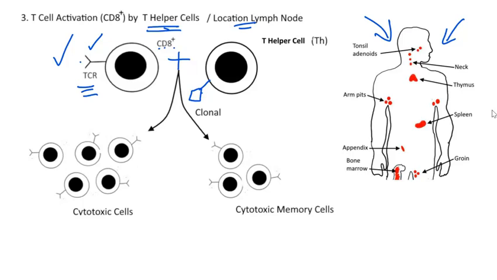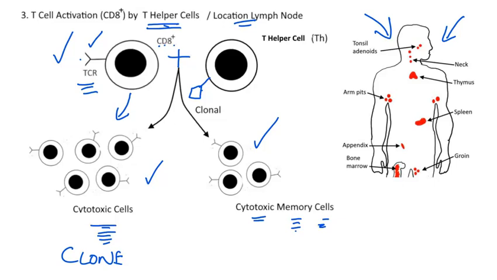And this causes this cell to go through rapid mitosis and form many, many copies of itself, indeed a clone of itself, which are the cytotoxic T cells or T lymphocytes. At the same time, they also produce some T cells which are known as cytotoxic memory cells. So now we go on to look at how this clone of cytotoxic cells helps in the recovery of virus-infected tissues.